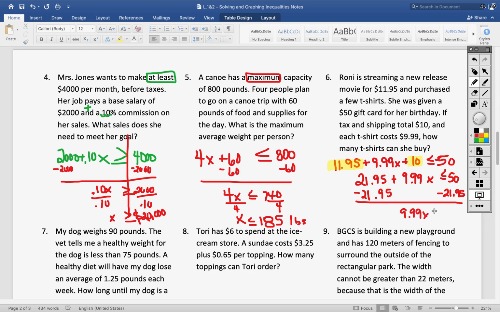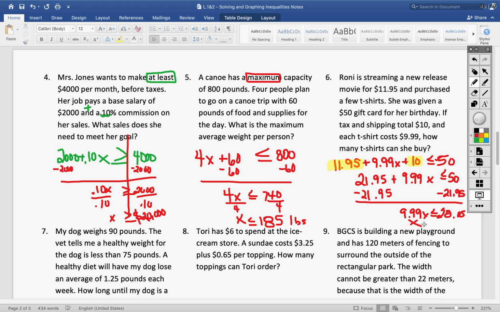So 9.99x is 50 minus 21.95, which is 28.05. Divided by 9.99.